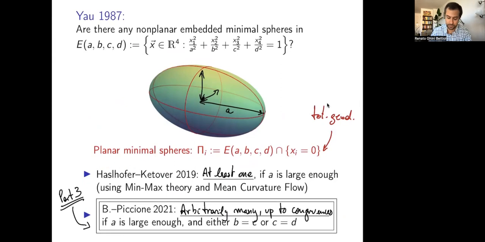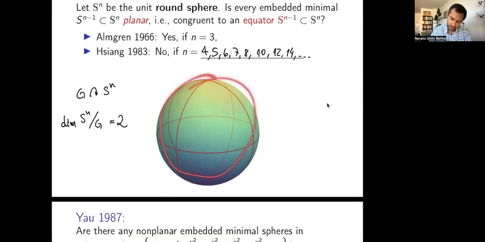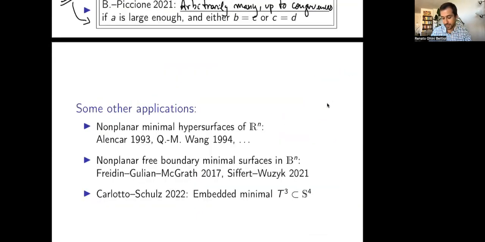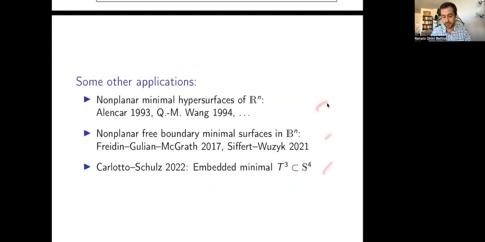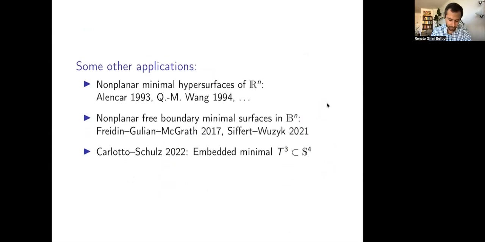There are no further isometries after you take the quotient. While on these other cases, since it's a round sphere here or Euclidean space there are further isometries. So this will come into play a little bit in the comparison between the problems I'll discuss in the last 2 parts of the talk. All right.